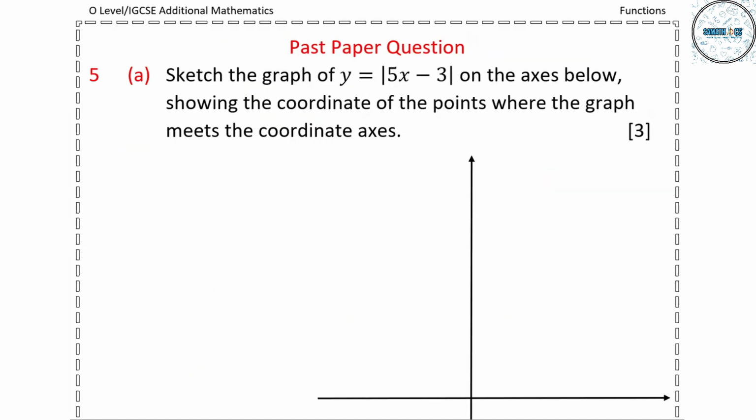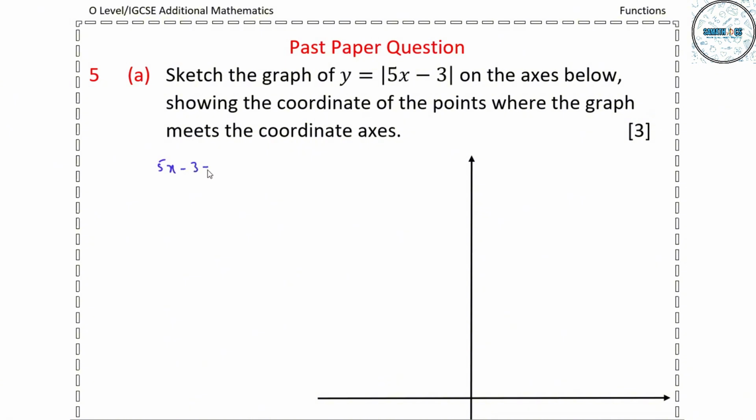Now we will do a past paper question related to graphs of absolute function when the function is linear. We have to sketch the graph of y is equal to the absolute of 5x minus 3 on the axis below, showing the coordinates of the points where the graph meets the coordinate axis. It means x-axis and y-axis. So first of all, we can take out vertex. For vertex, we equate the part which is within the absolute sign to 0.